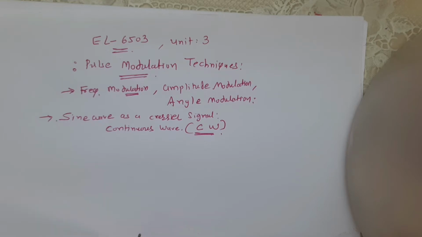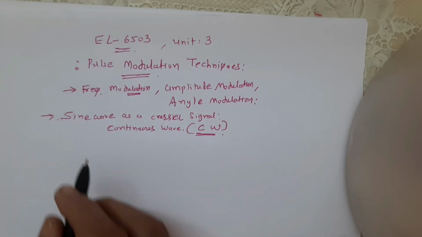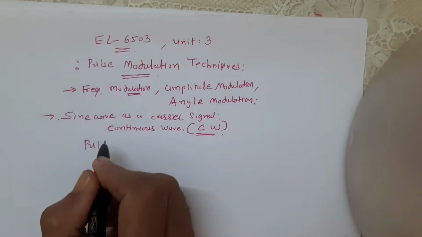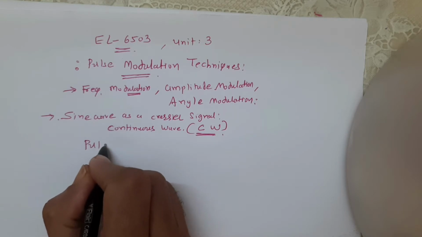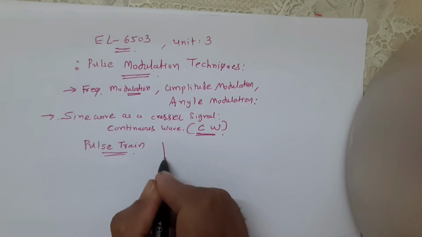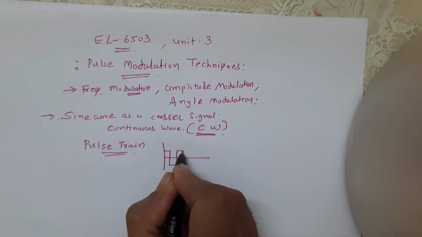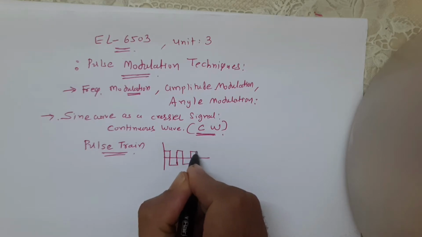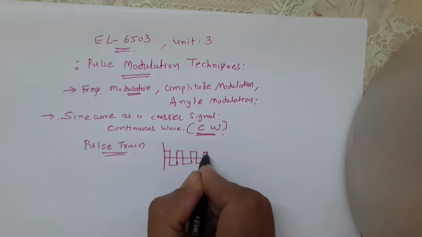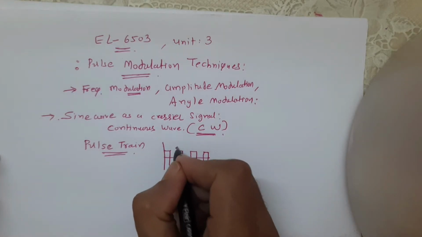This chapter deals with the modulation technique that employs a pulse train as the carrier signal. Now here, instead of a sine wave, we are using a pulse train. What is a pulse? This is your pulse. The pulse looks like this, right? This is known as pulse width.